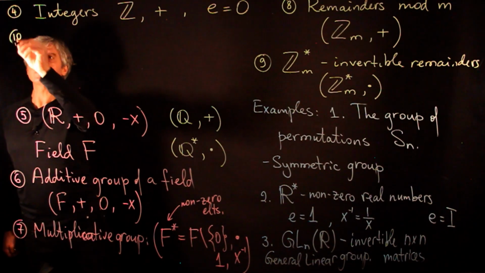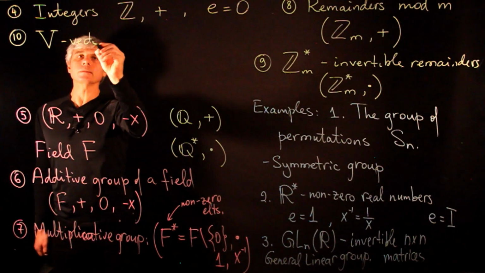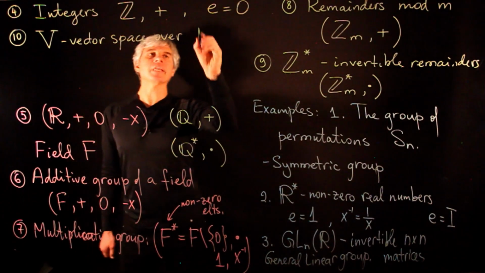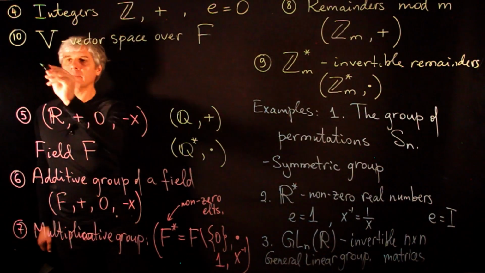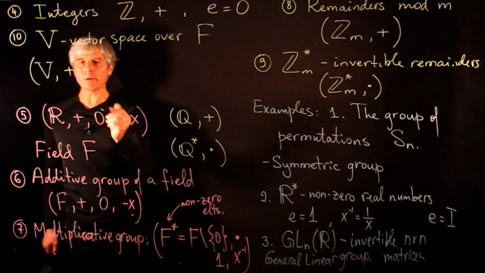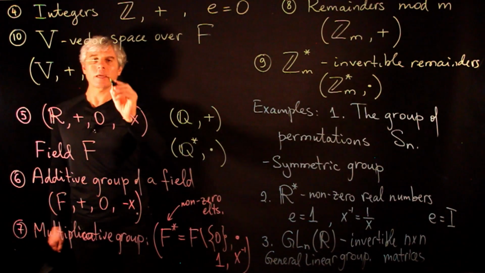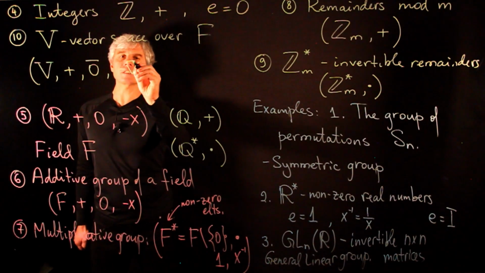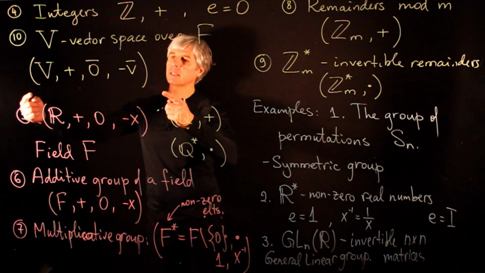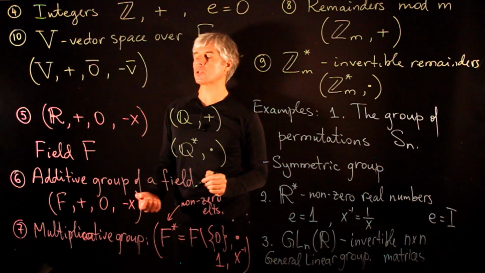As the next example, we take V, a vector space over a field F. If we take addition of vectors as our binary operation, the 0 vector as the identity element, and the operation minus V as a replacement of inversion, then we see that the axioms of the vector space will incorporate the axioms of the group.